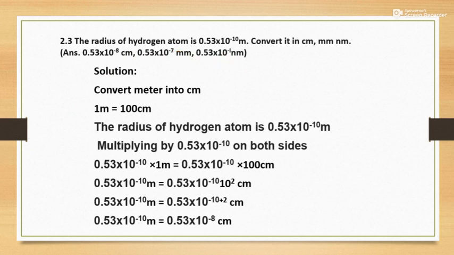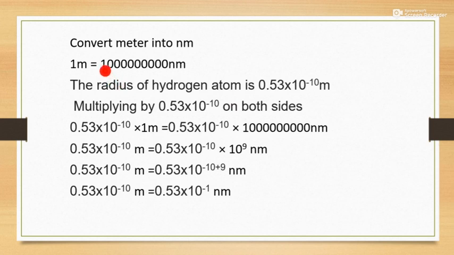Now we convert into nanometer. 1 meter is equal to 10^9 nanometer. The radius of the hydrogen atom is given in the question, and we multiply this part on both sides. 0.53 × 10^-10 meter is equal to 0.53 × 10^-10 × 1 followed by 9 zeros, which we can write in exponential form as 10 raised to 9.